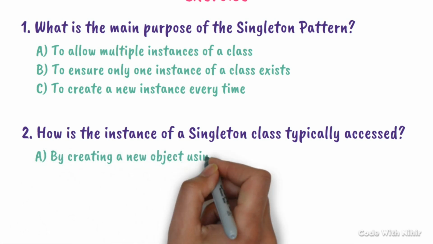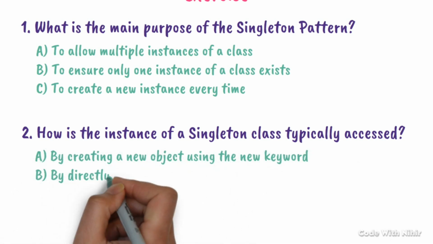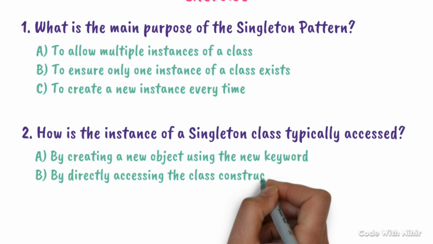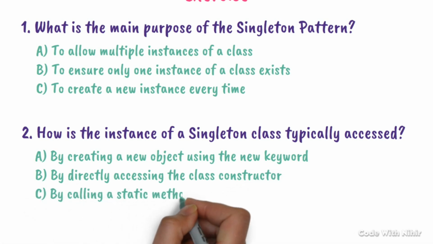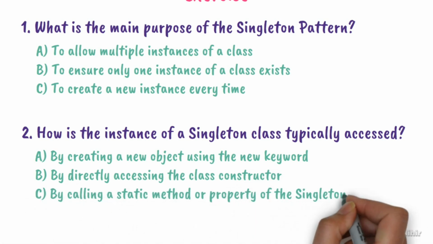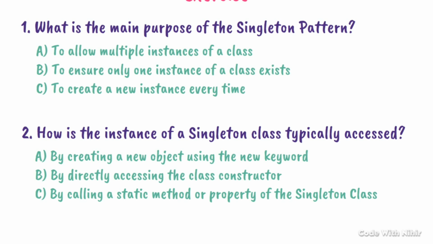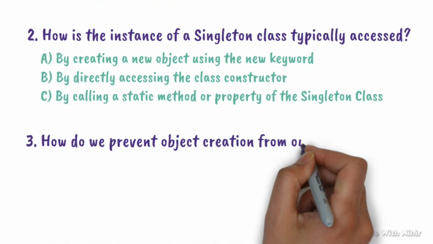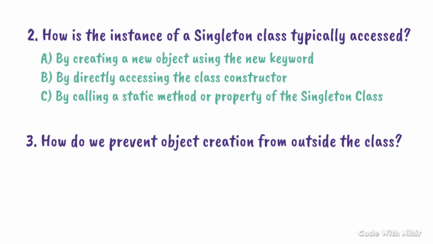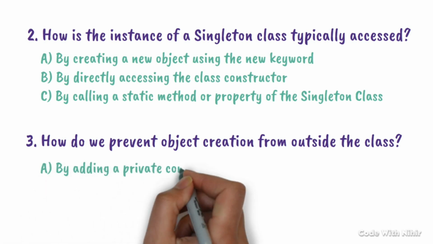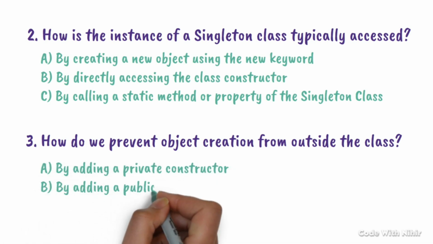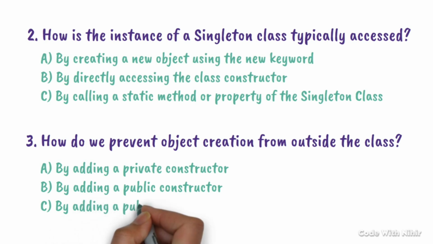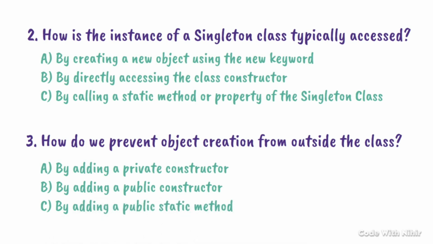By creating a new object using the new keyword, by directly accessing the class constructor, or by calling a static method or property of the Singleton class. And number 3, how do we prevent object creation from outside the class? By adding a private constructor, by adding a public constructor, or by adding a public static method.